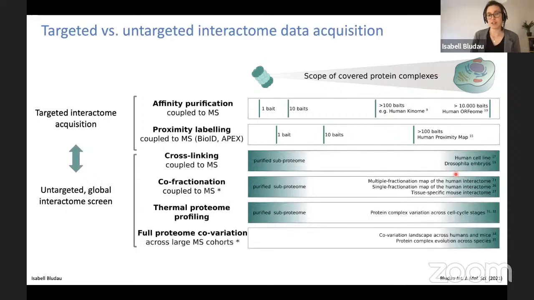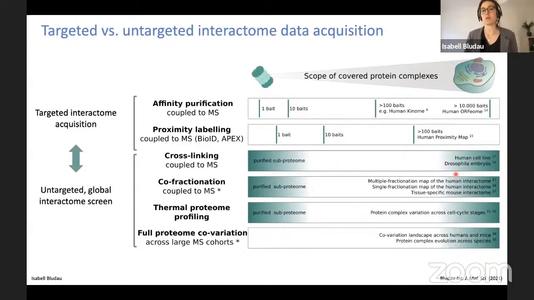On top of co-fractionation MS, there are also other strategies to look at the interactome from a global untargeted perspective. One is, for example, cross-linking of whole cell lysates, which can be done. Another option is to do thermal proteome profiling, or TPP.